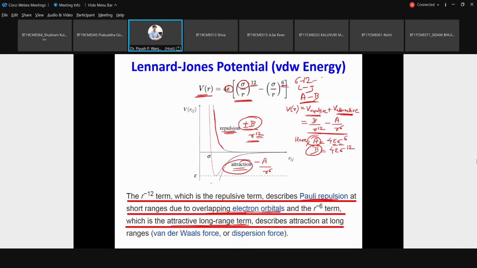We will take an example of one molecular case with some A and B values. This can also be represented in terms of epsilon and sigma, and we will try to understand in detail how exactly the values can be evaluated at different distances.